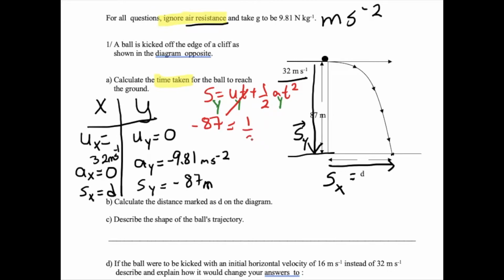I have a 1/2. Acceleration y is our good old negative 9.81. And we have the t squared.